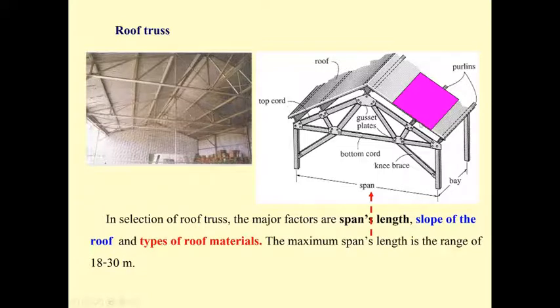Mostly it takes care of half of this size, and the other half is taken care of by another purlin. The same also over here. And then the force acts at the joint.